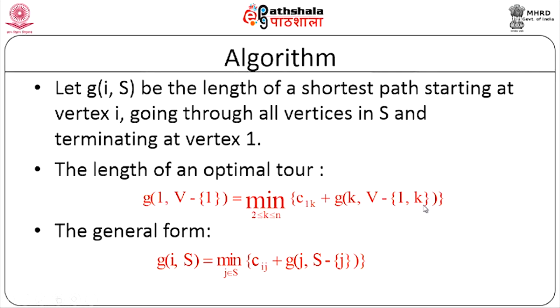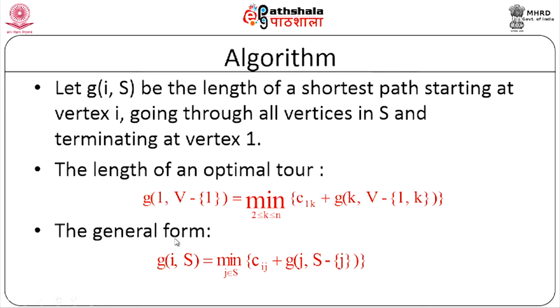Therefore, I can go to my home via any node except 1 and k. So, the minimum distance is going to be the length of the optimal tour.